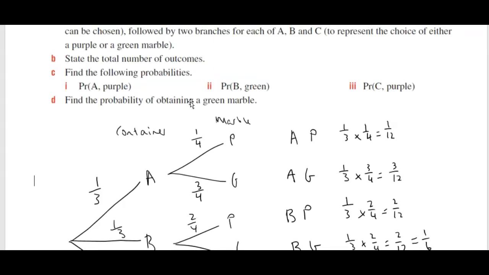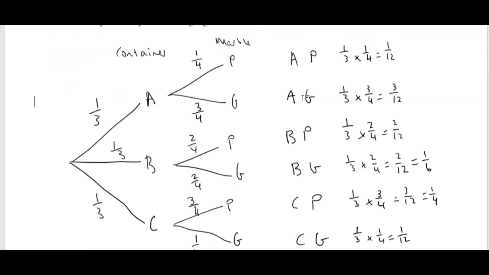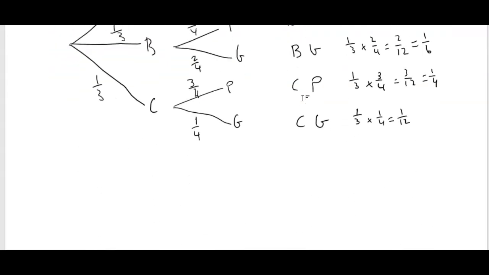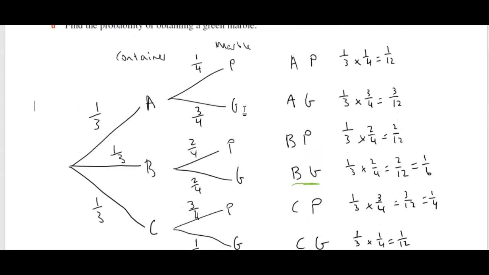Find the probability of obtaining a green marble. So we just do this down here, the probability that it's green. It doesn't matter where it comes from, it just has to be green. So we just add up everything that is green. So just so we know, I'm going to underline it in green. So we add all of them up.